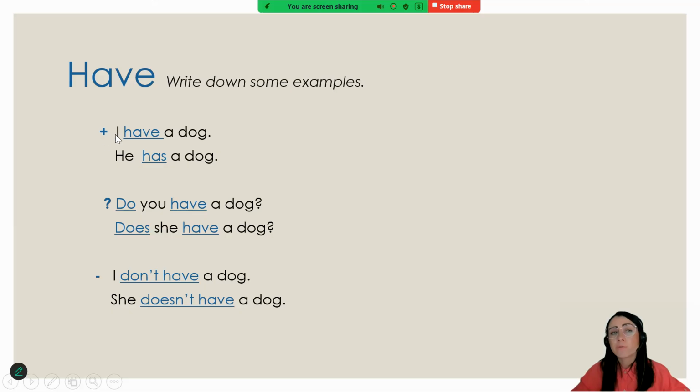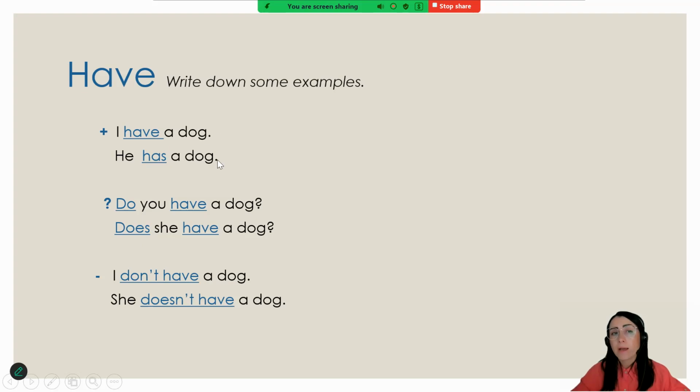To make a positive form, we just put the verb have after the doer of the action. For example, I have a dog. He has a dog. To make a question, we need to use auxiliary verbs do and does.